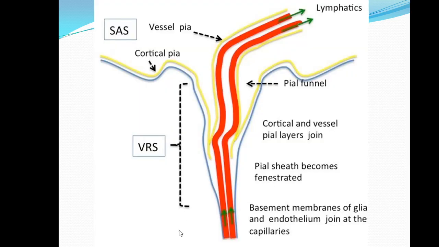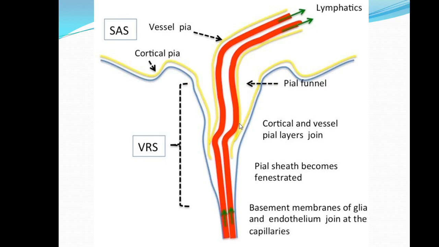Here, in this diagram, you can see the perivascular space. Here you can see the funnel formed between the pia around the blood vessel and here the pia around the cortical surface or the brain tissue.